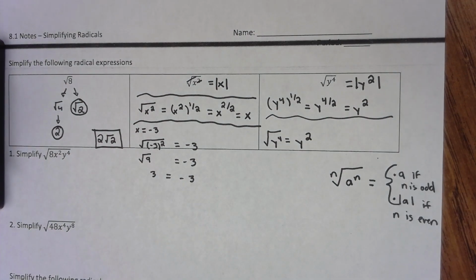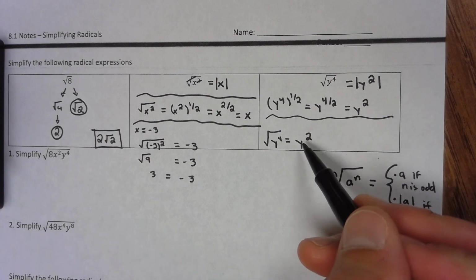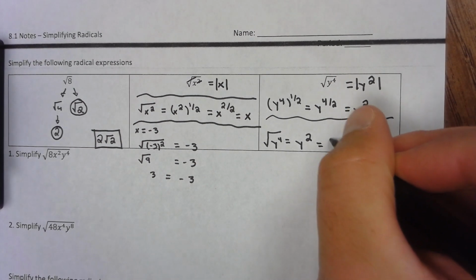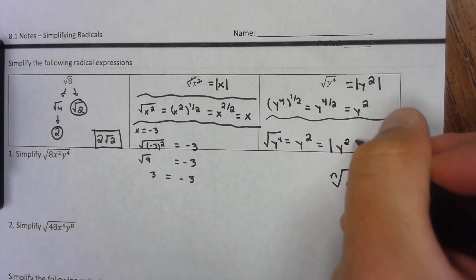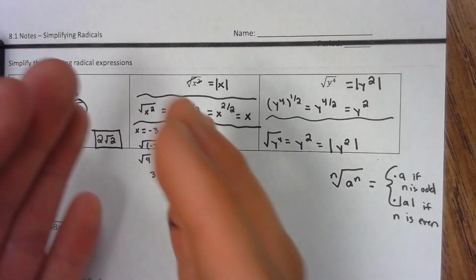We don't need the absolute value brackets. They are redundant because y squared is already positive no matter what. Just to keep it consistent, though, we'll say that it's the absolute value of y squared, which will always end up being positive anyways.